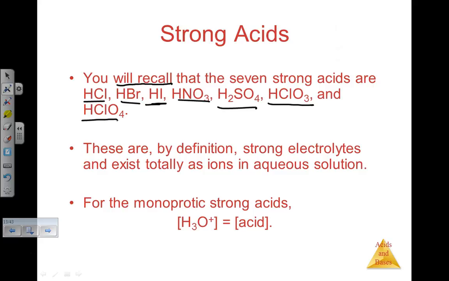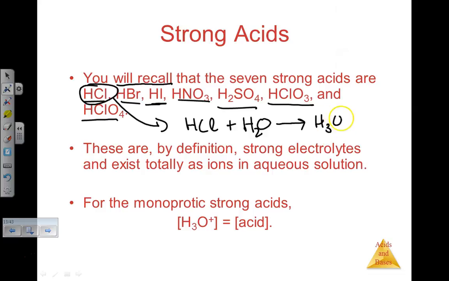Now, a strong acid is strong because this compound completely ionizes. When HCl mixes with water, okay, now watch what I'm going to do. I'm going to draw that arrow. This forms H3O+, the hydronium ion, plus Cl-. It's not in equilibrium, okay?